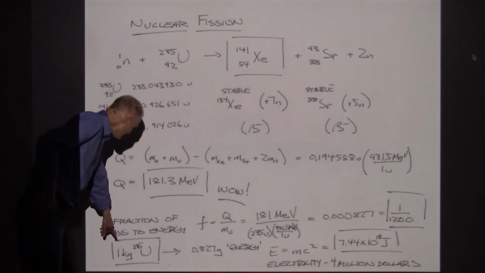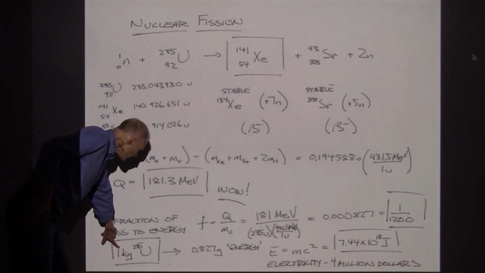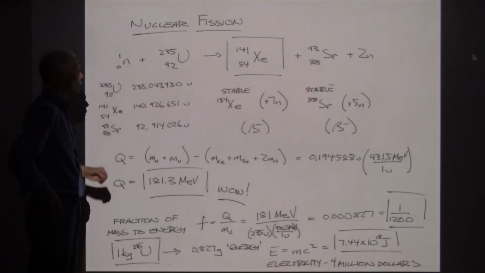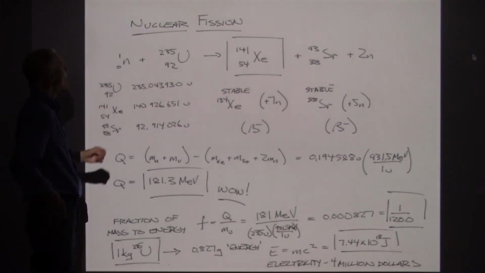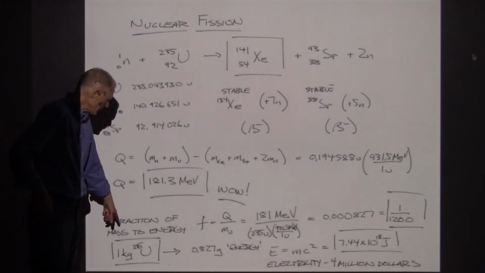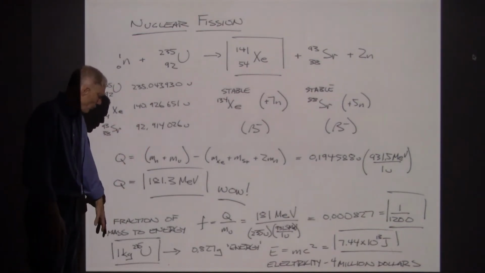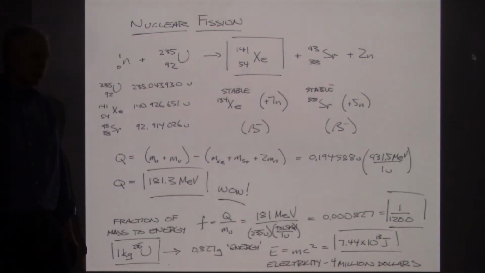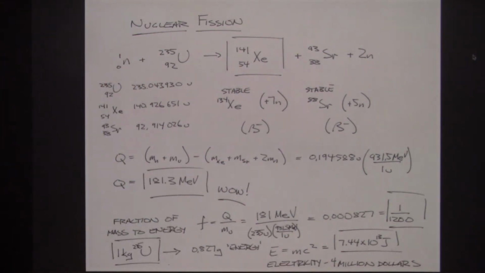Well, that says that if we took 1 kilogram of uranium-235 and underwent fission processes, if we build a nuclear fission power plant and bring in some fuel, just 1 kilogram of uranium-235, that would be enough to generate 7.4 × 10^13 joules.